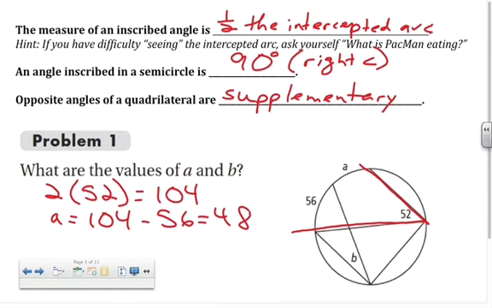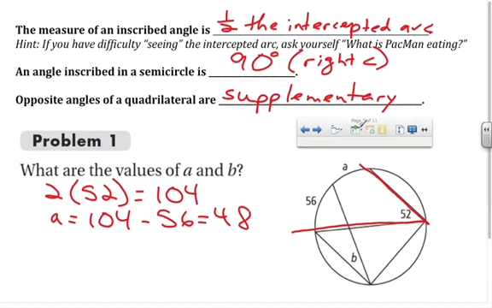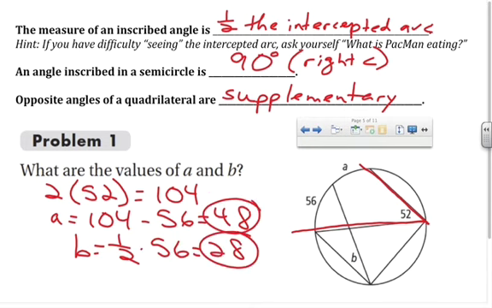For angle B, we already talked about how angle B is an inscribed angle. So I know it's going to be half of its intercepted arc. What is the intercepted arc for angle B? Say it again, please, Helena. Right. So angle B is half of 56, giving us 28 degrees.